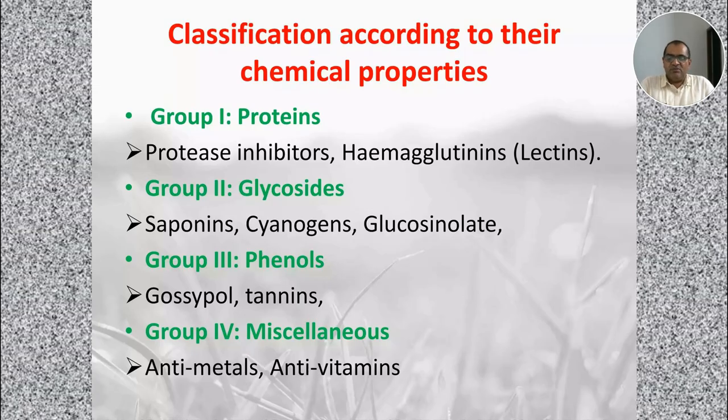And many types of vitamins, starting from the fat-soluble vitamins like vitamin A, D, E, K, then the vitamin B complex like B1, B6 and B12, and many other vitamins are inhibited by the anti-vitamin factors, and we'll see what all those are.